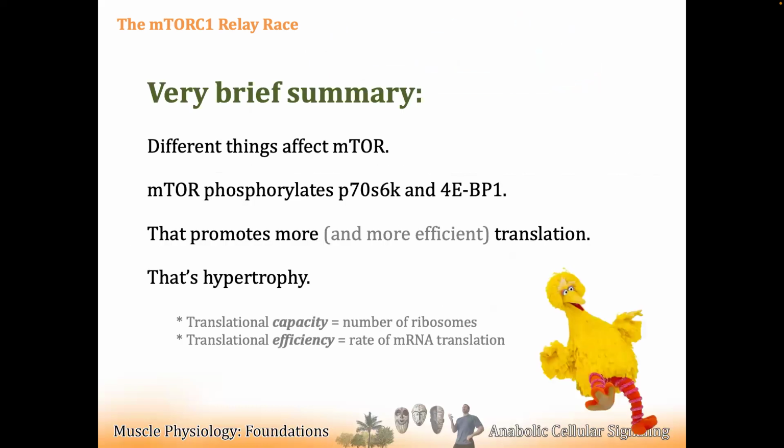So the very, very, very general summary is this: stuff affects mTOR. Turns it on, turns it off. mTOR is tightly regulated. When mTOR is on, you experience translation. You experience skeletal muscle hypertrophy, the increase in cross-sectional area of those skeletal muscles. This happens by depositing more protein into those muscle cells.